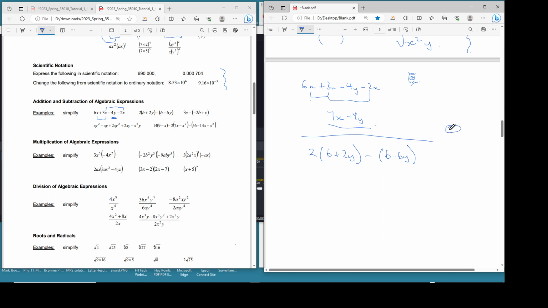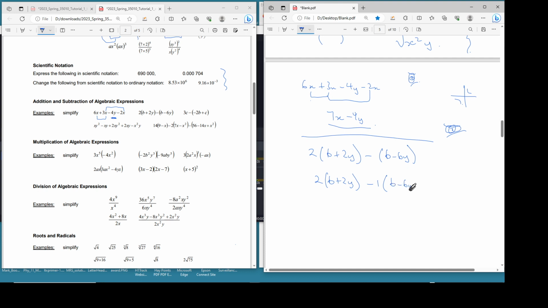I'm labouring this as I am, but this is really you understanding what's happening there.